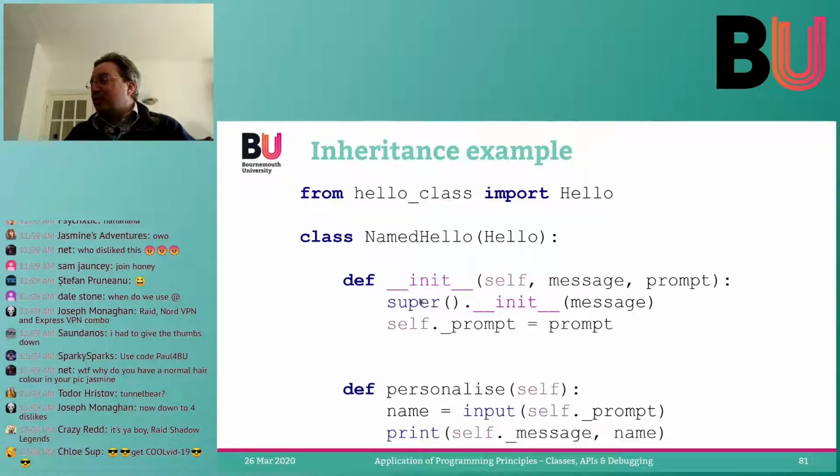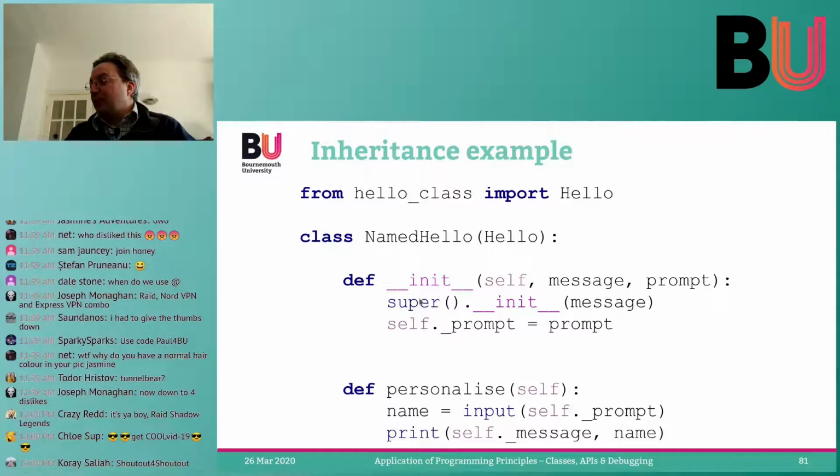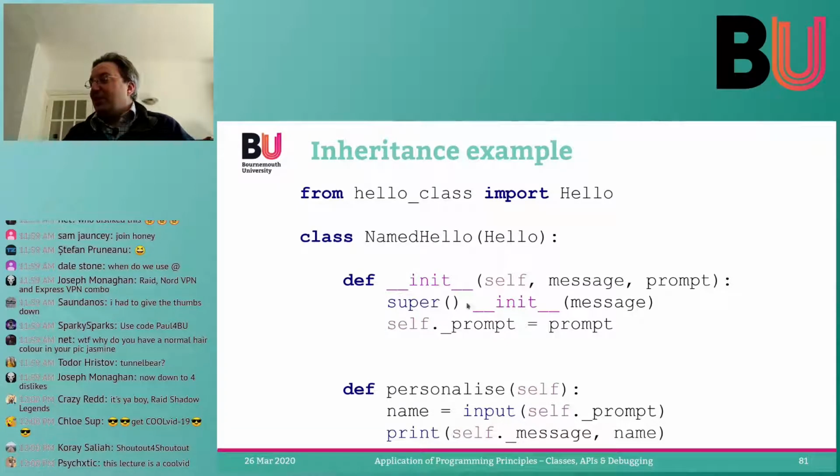And because Hello, as we just saw, takes one parameter in the constructor, which is the message, we use this special, not really a function, called super. We create the super object, and then we call the init function on that with the message. And then obviously we can set the prompt in addition to that.